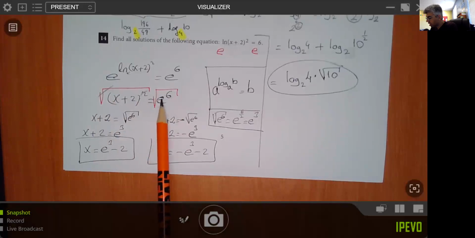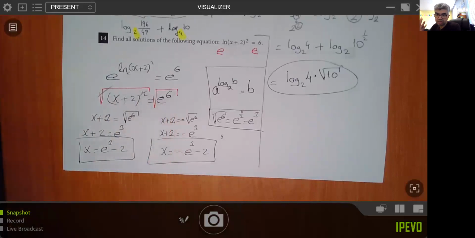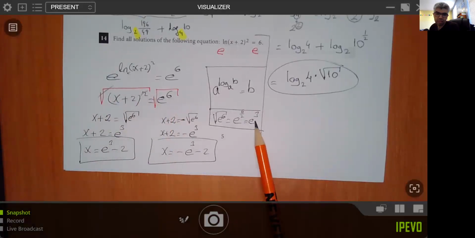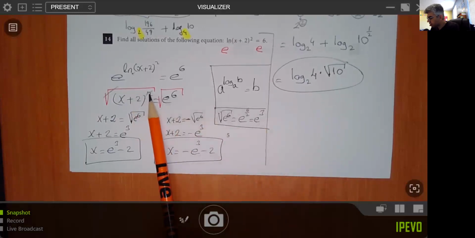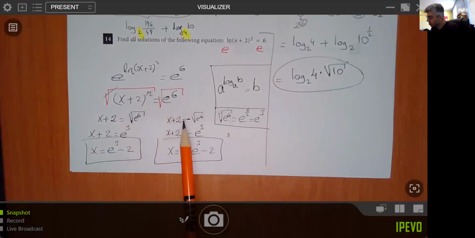Of course, I have to make necessary simplifications. Square root of e to the power of 6 is basically e squared times e squared times e squared, and each e squared goes out as e, so it will be e cubed. Also, when we take square root of both sides, we have to be sure that we have positive and negative of that.